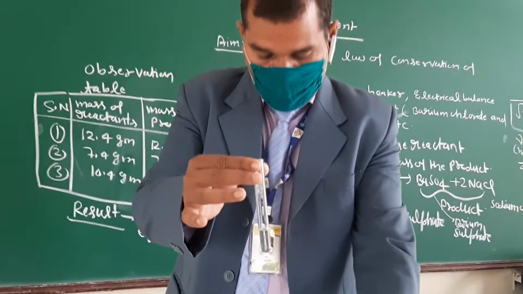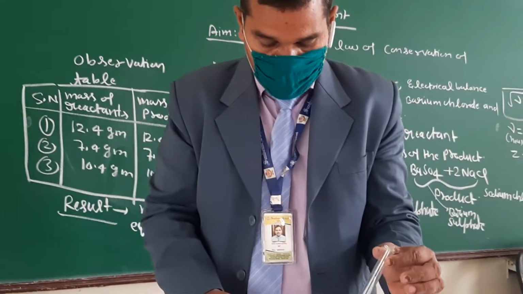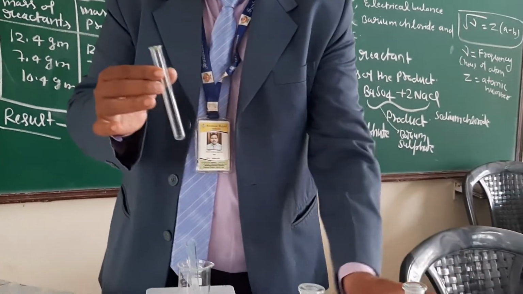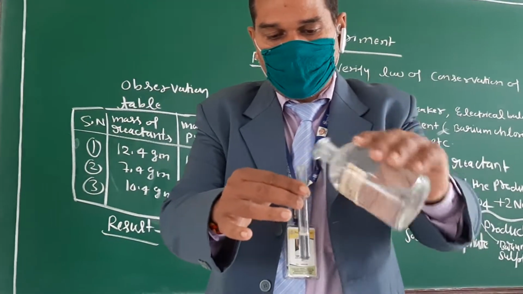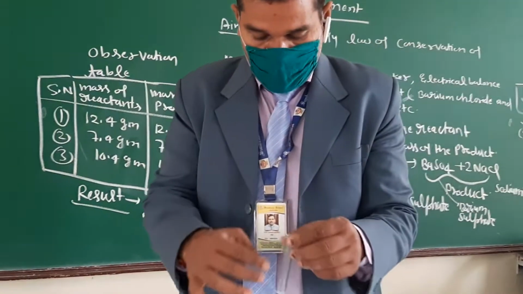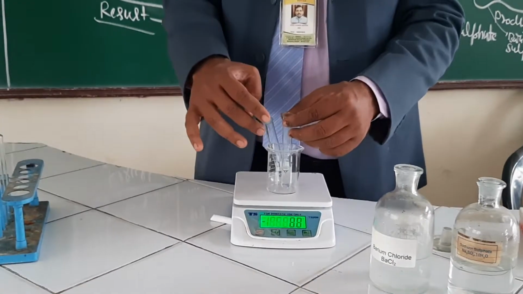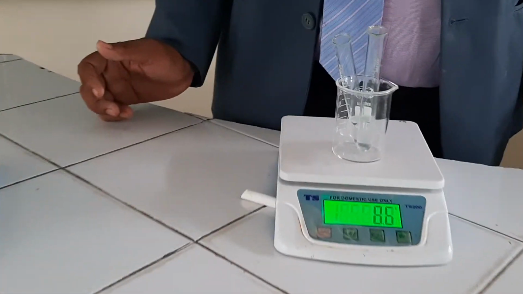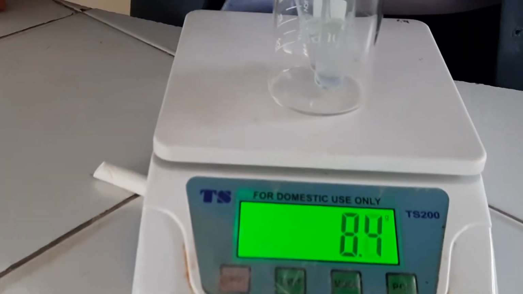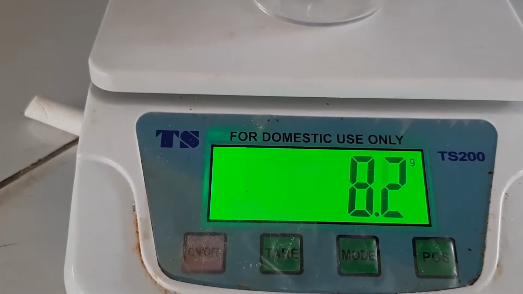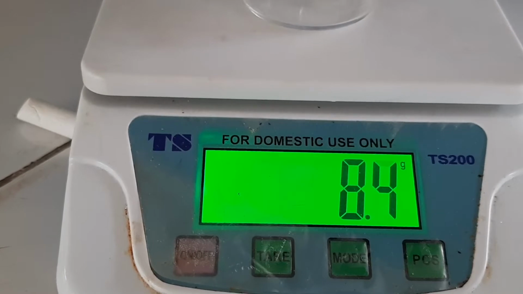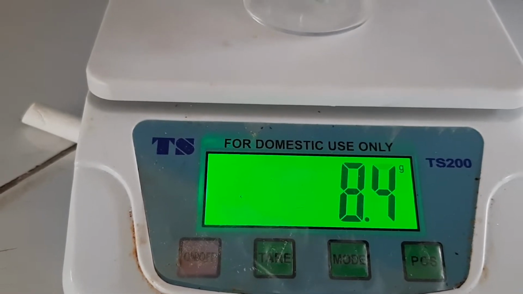Barium chloride in a test tube and sodium sulfate in another test tube. Here see. And take the weight of the reactants. What is the weight? The weight is about 8.2 gram, 8.2 to 8.4.